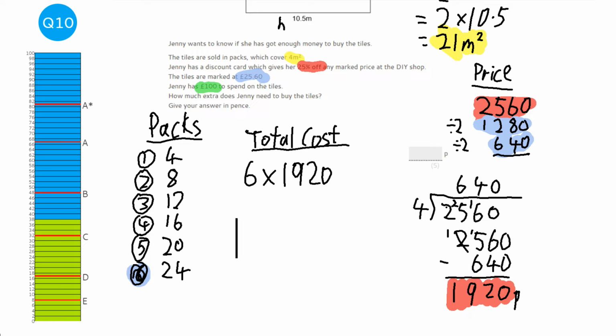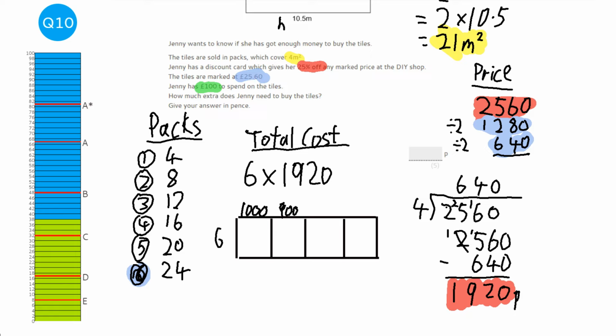Okay, so I'm going to do my grids. So we're going to have 6, and we have quite a long grid. Okay, so we're doing 6 times 1,920. Don't need that last one. So 6 times 1,000 is 6,000. 6 times 9 is going to be 54, and the 2 zeros at the end of the 900.